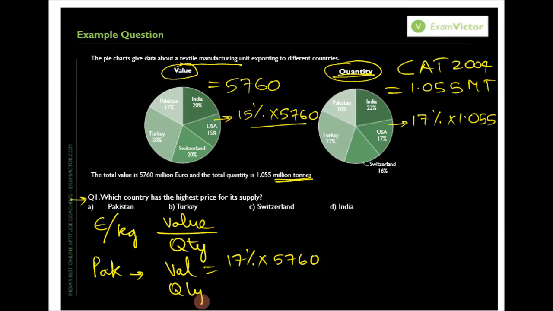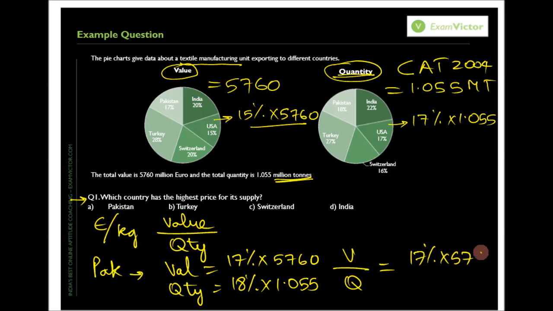The quantity is 18% into 1.055. So this value by quantity ratio for Pakistan is equal to 17% into 5760 by 18% into 1.055.